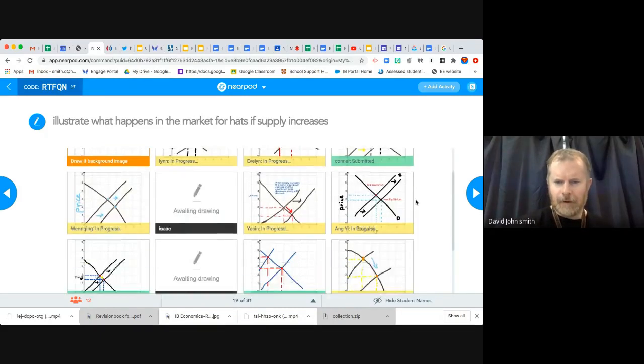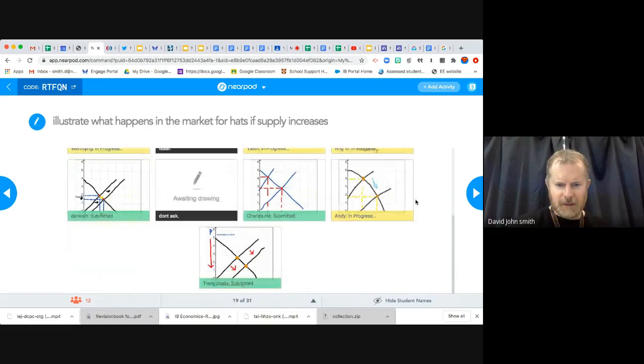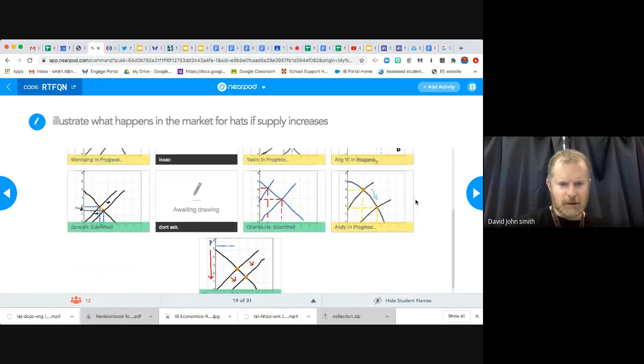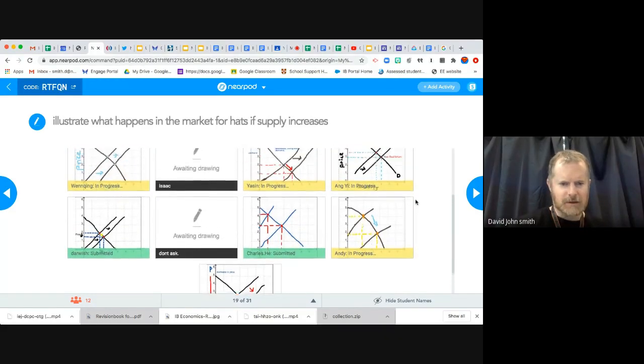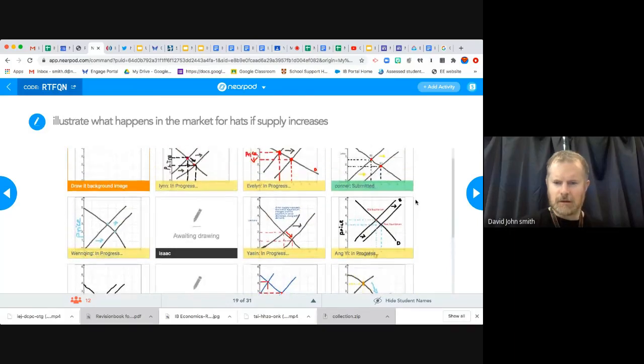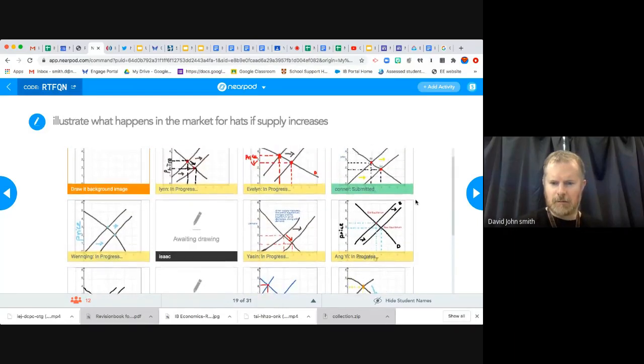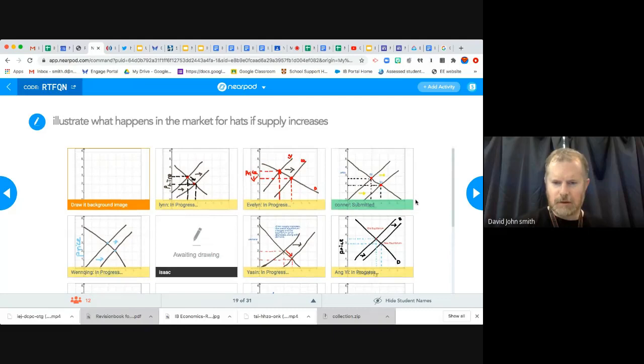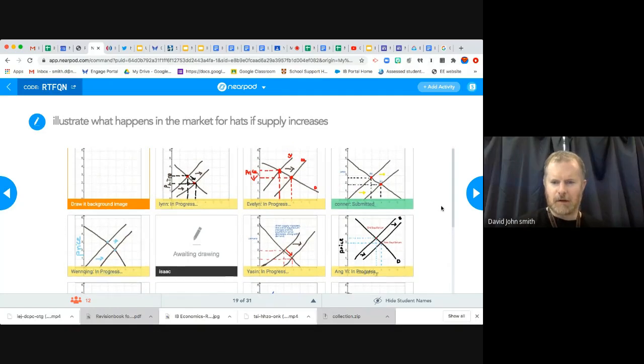All right. So what we're going to do, I'm going to pick one that's possibly clearest to see. I might pick Connor's this time.